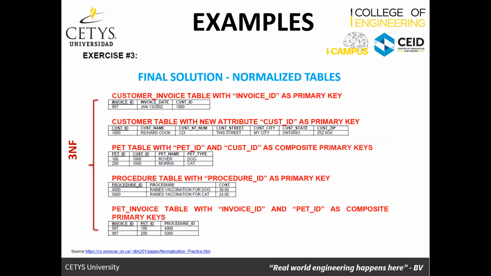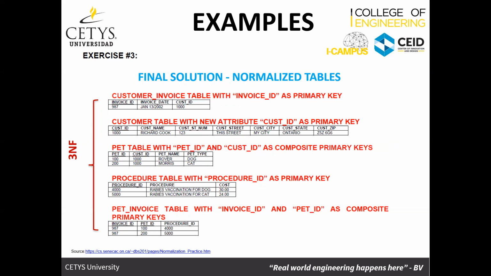And the other thing, lastly, that we're going to generate is a customer table, just so we keep a record of the customers, because the customer is the primary focus. Again, there might be a situation in the world where we might have two Richard Cooks, and so we want to identify them separately.